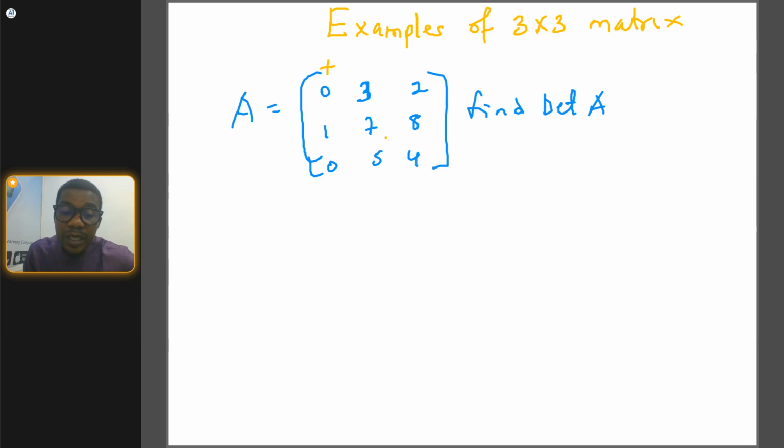The next one that we alternate is minus, then we still have plus. It continues like that. So I need to identify each of these in the first row. We have plus 0.